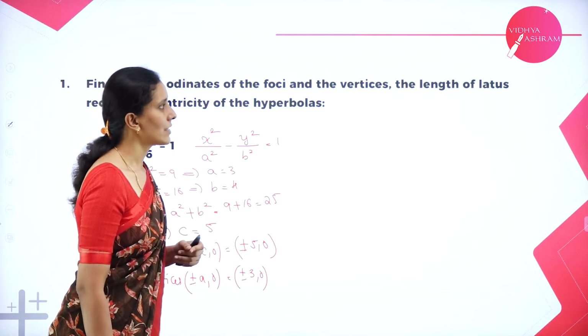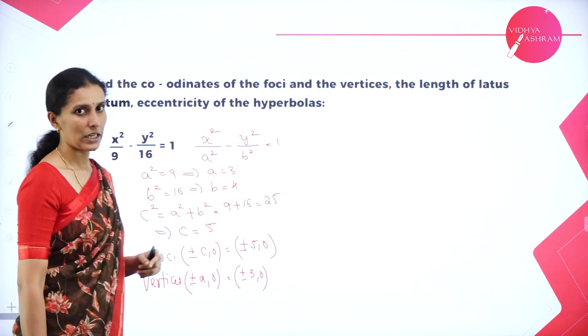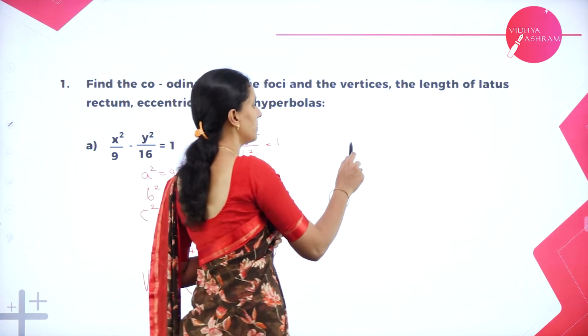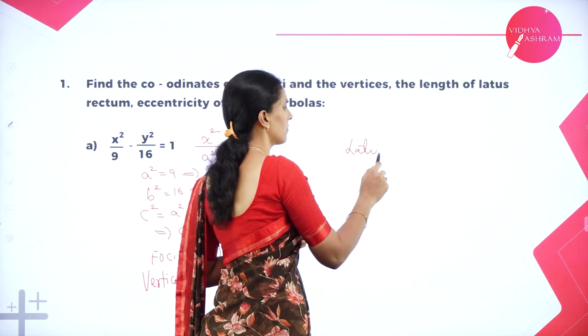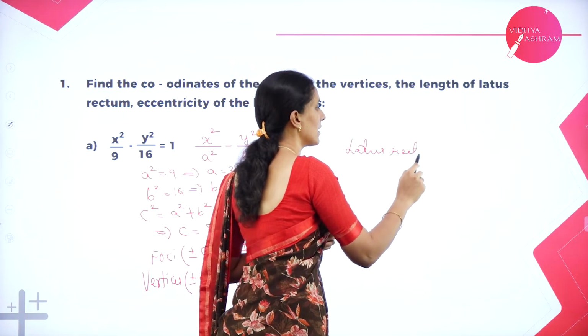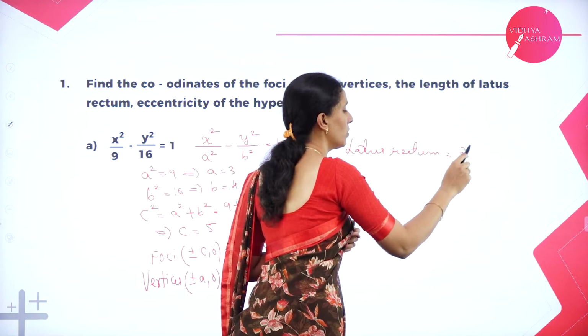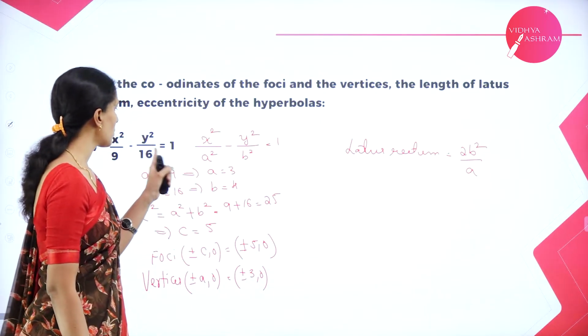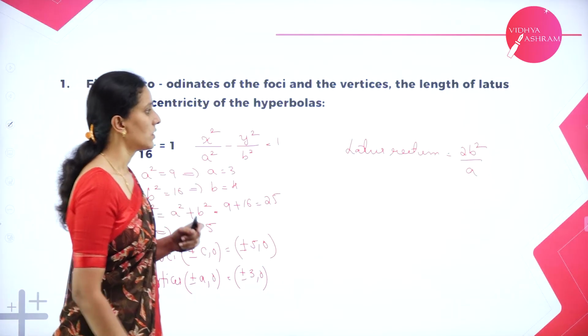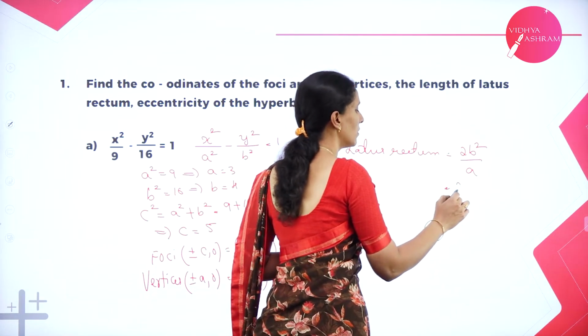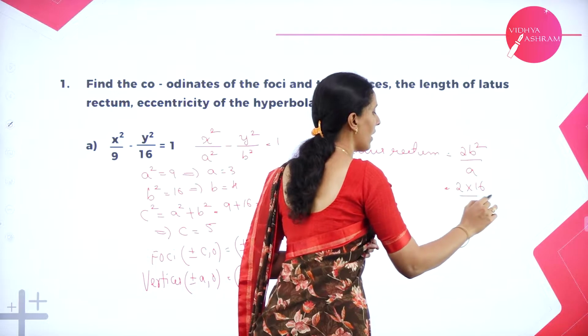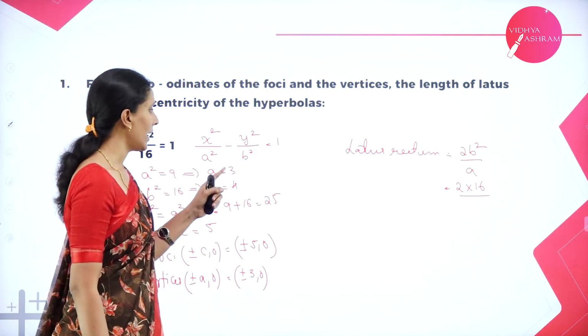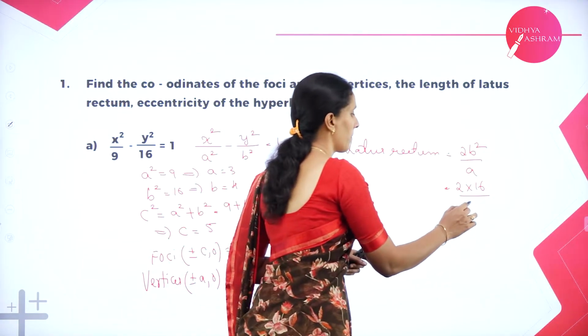Now next they have asked you the length of latus rectum. So latus rectum is nothing but 2b square divided by a. So what is the value of b square you have? It is 16. So that is 2 into 16 divided by the value of a, which is 3.